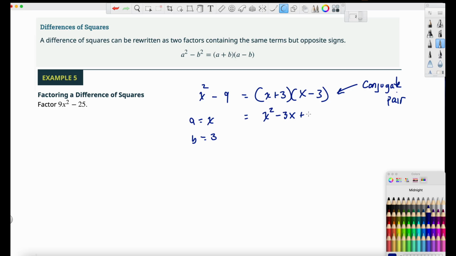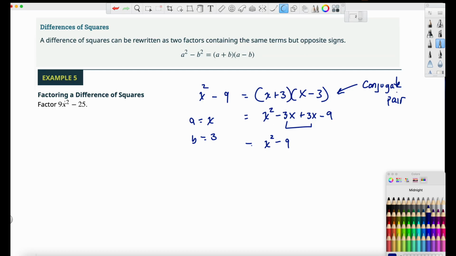Inner would be plus 3x. And our last would be minus 9. Look what happens to our middle terms. They cancel and give us x squared minus 9. So for the conjugate pair, whenever we multiply x plus a number and x minus that same number, the middle terms cancel, and they give us the difference of two perfect squares. So let's take a look at example 5.